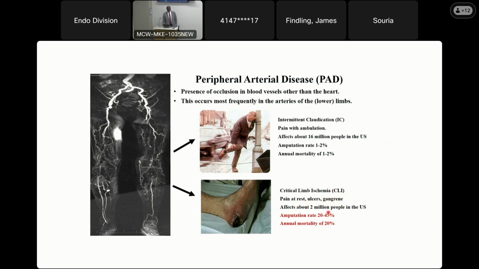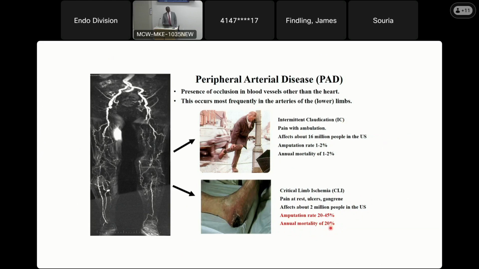So this affects millions of people in the US, and the numbers are even much larger worldwide. This is associated with a high amputation rate, as high as 45% in some cohorts. What I find very interesting about this, though, is that the annual mortality for patients who present with this is as high as 20%.